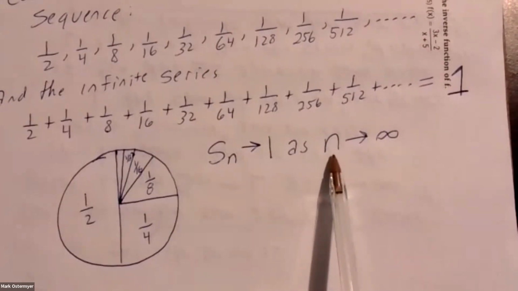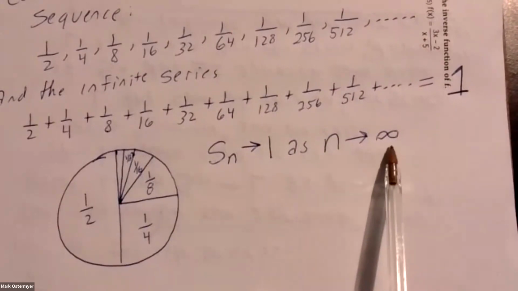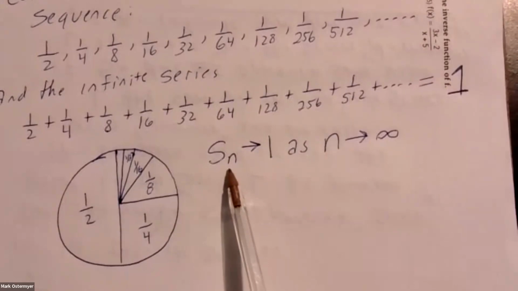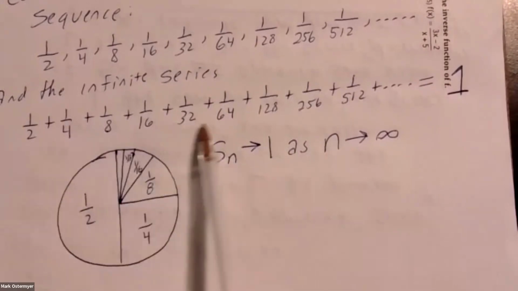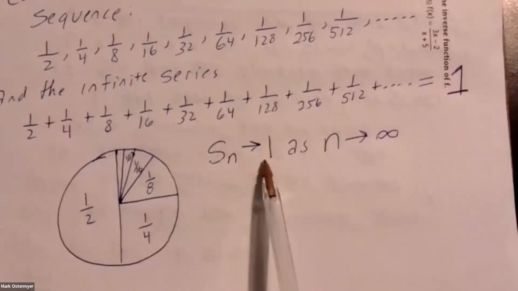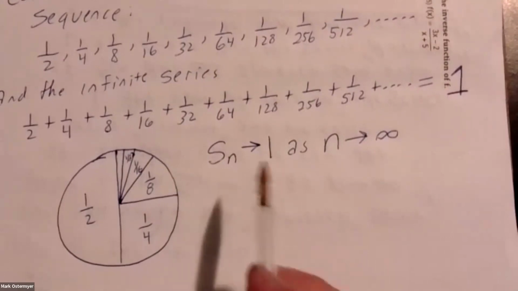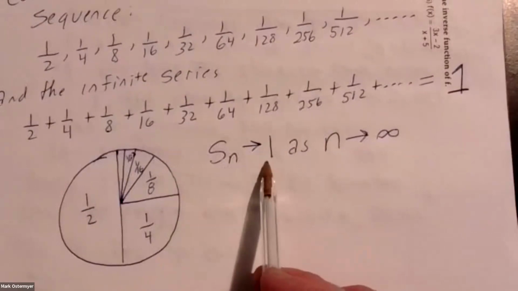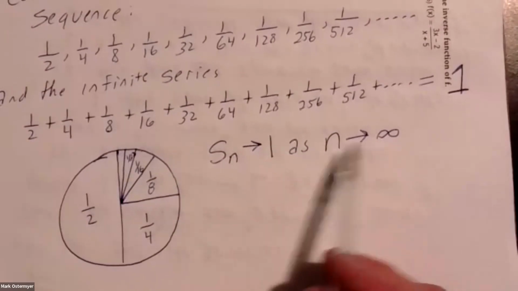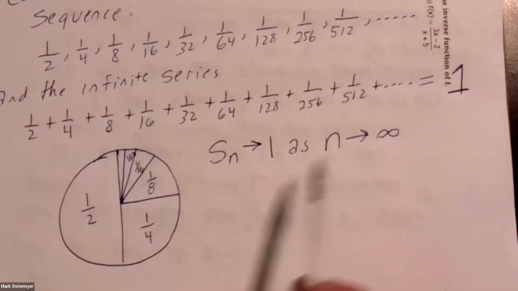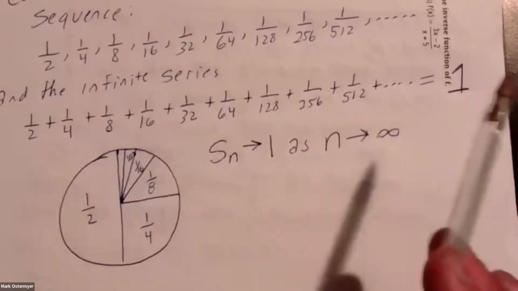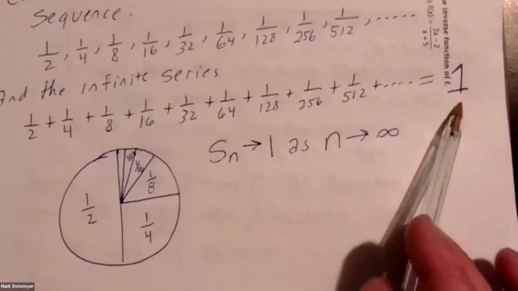The number of slices will approach infinity, but the sequence of partial sums of these ever smaller fractions will approach 1. Because the sequence of partial sums approaches 1 as n approaches infinity, we say that this infinite sum is equal to 1. That's what we say.